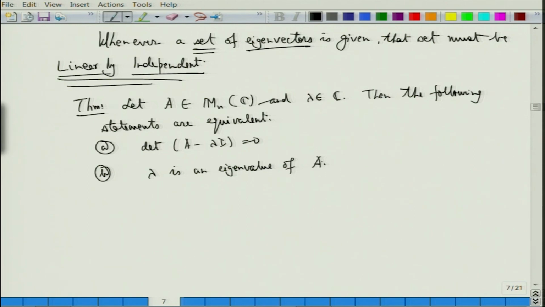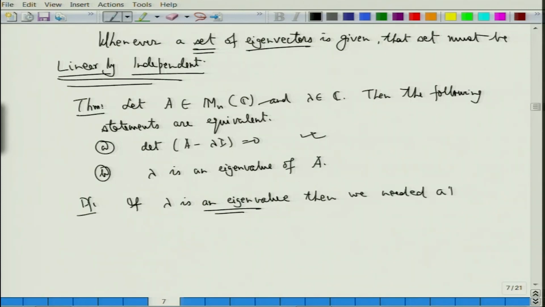Fine. So let's try to prove this. When I say the two are equivalent, the idea of eigenvalue and eigenvector had nothing to do with the determinant. The idea was that if lambda is an eigenvalue, then we needed a non-zero vector x belonging to Cn such that Ax is equal to lambda x.